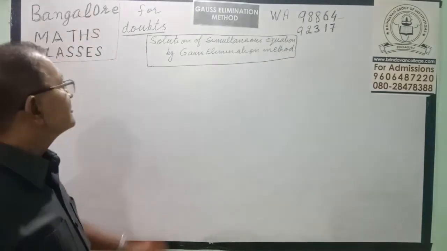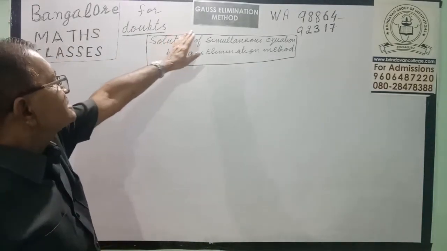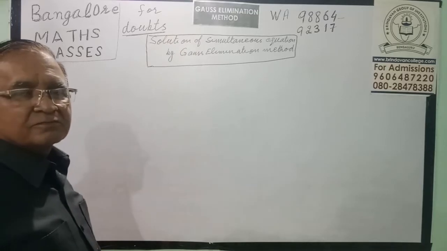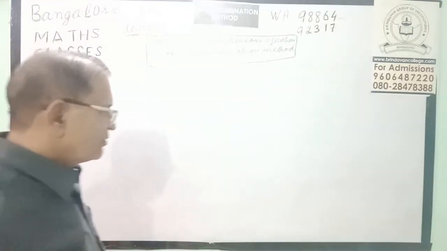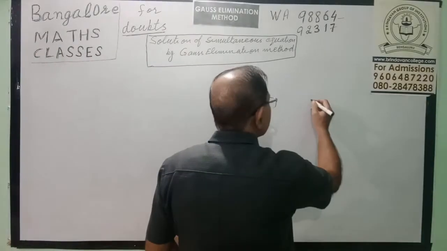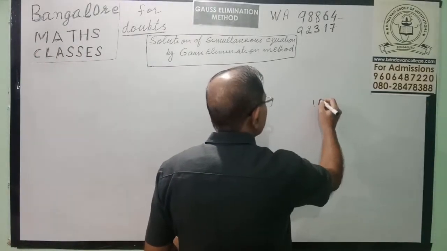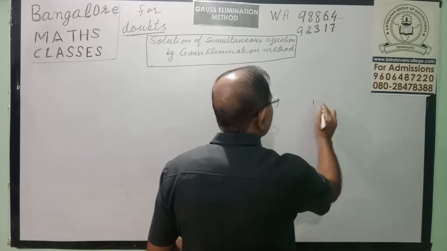Now what is it? Gauss elimination method. It's very simple. First step is you have to write the matrix.